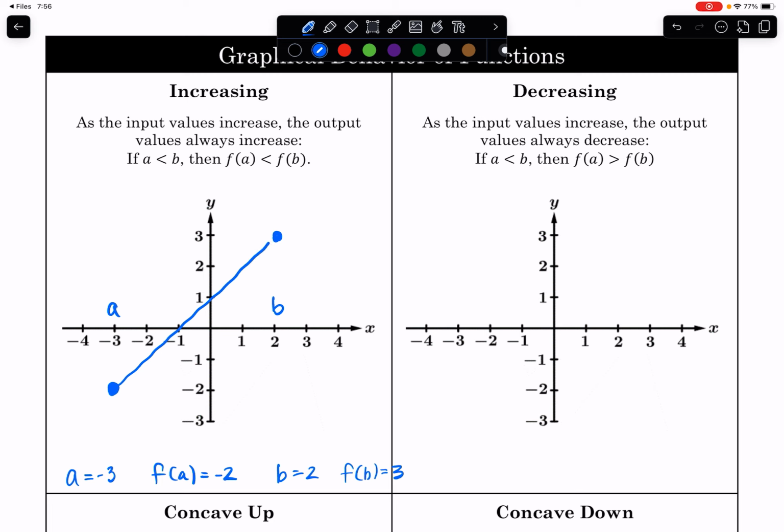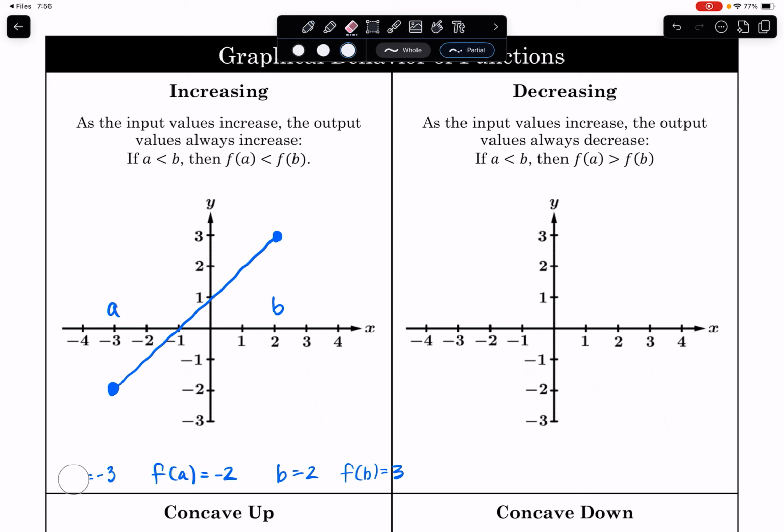This right here is an example of an increasing function. Since for every value of a and every value of b, this is going to be true, the value f of a is less than f of b. As long as we pick two points that follow this idea, this is going to be an increasing function.